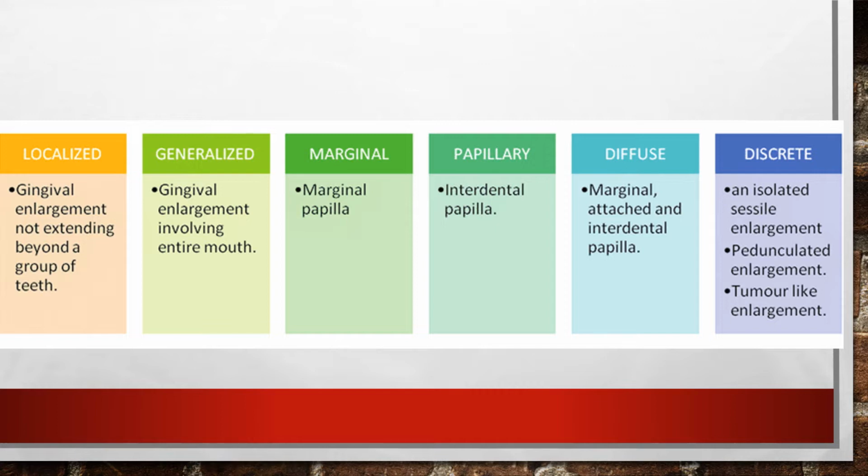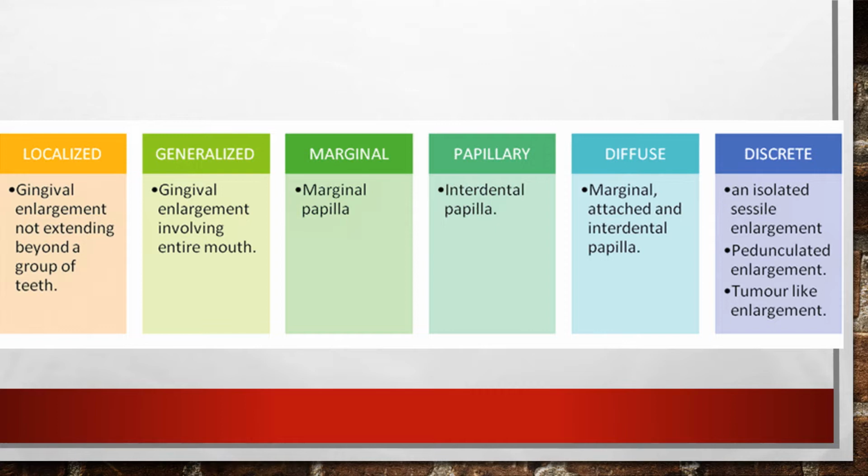So what is localized? As the name indicates, it is confined to a single tooth or a group of teeth. Generalized involves the gingiva throughout the mouth. Marginal is confined only to the marginal gingiva. Papillary involves only the interdental papilla.